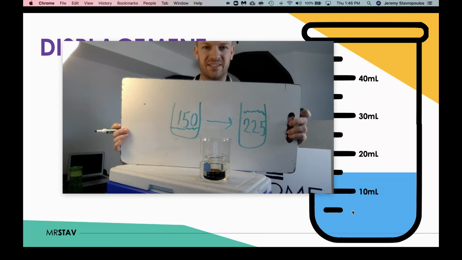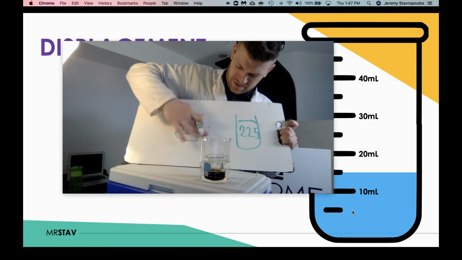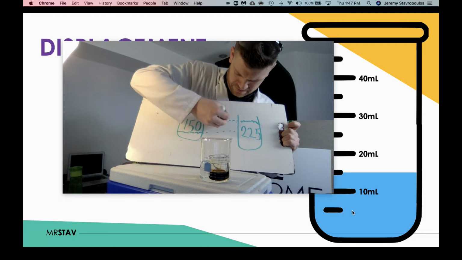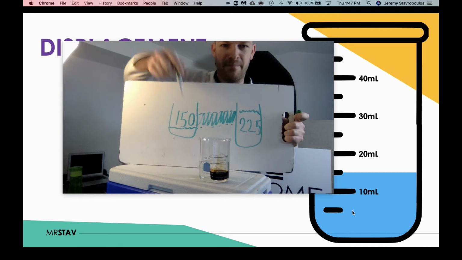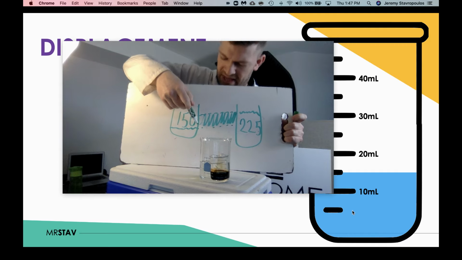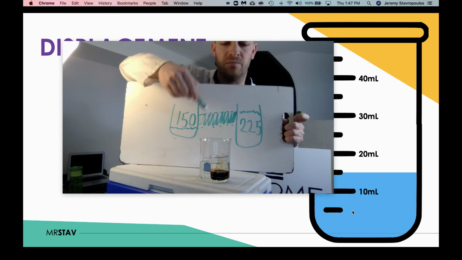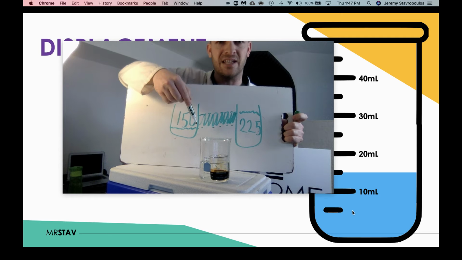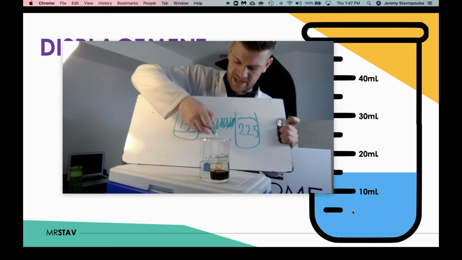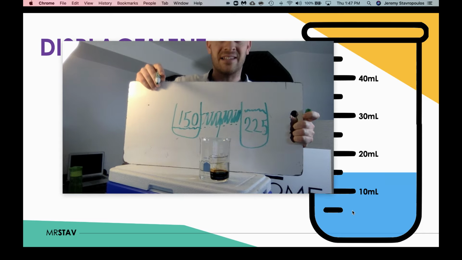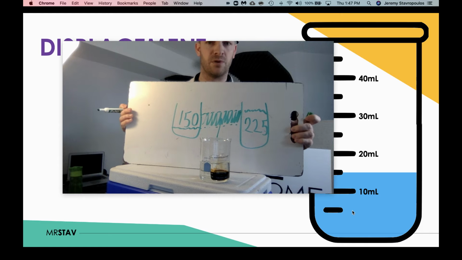By how much? Calculating volume using displacement says that whatever this middle area is, that's how much the water rose, because that's how much space, how much volume, that tiny beaker is taking up. And so if we could figure out how much that space is, that's the volume of the thing that we just put in the water.